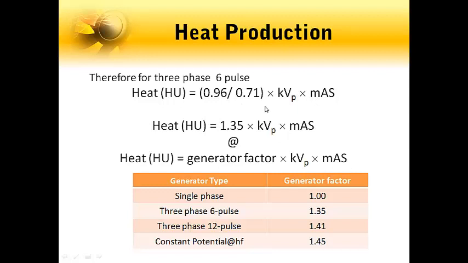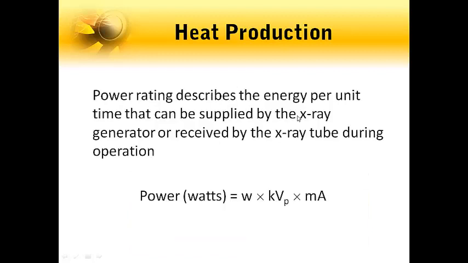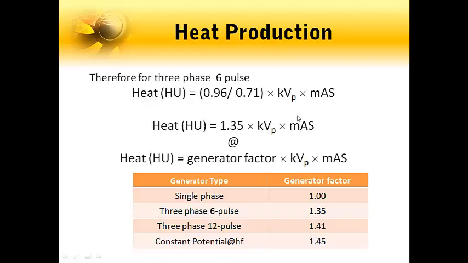So we get 1.35 times kVp times mAs. This is for 3-phase 6 pulse. So basically the heat in terms of heat unit is also equal to the generator factor times kVp times mAs. This is the generator factor for different types of generator.